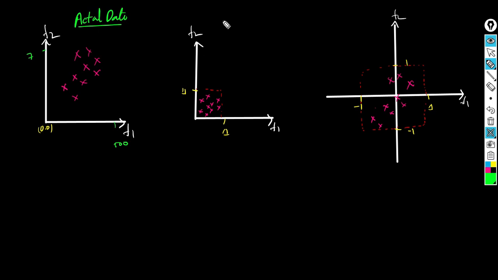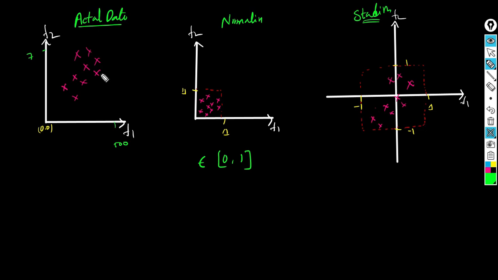By doing normalization, we are going to limit the data between 0 and 1. By doing normalization we convert this data like this. And then for standardization we limit the values from -1 to 1.